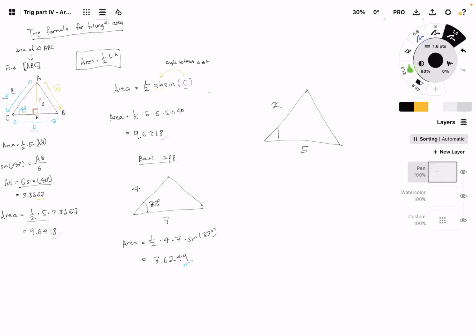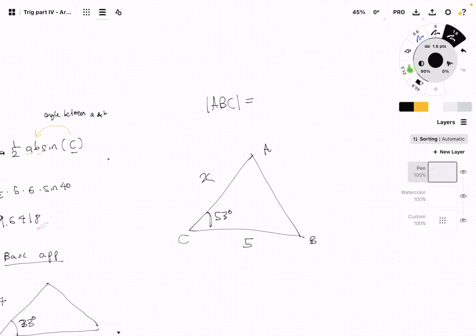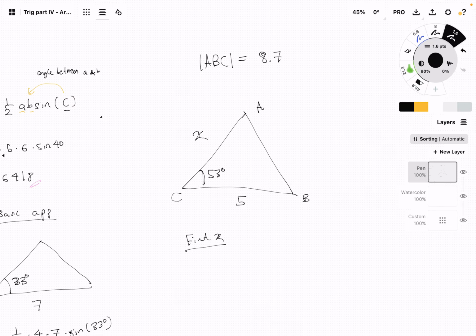Let's call this 53 degrees. We know the area, let's do the proper notation for area. So the area is, let's say, about 8.7. Question is to find x. How do we find x?